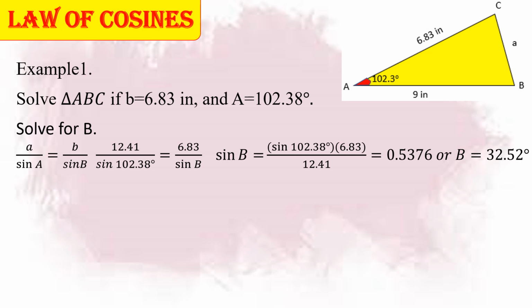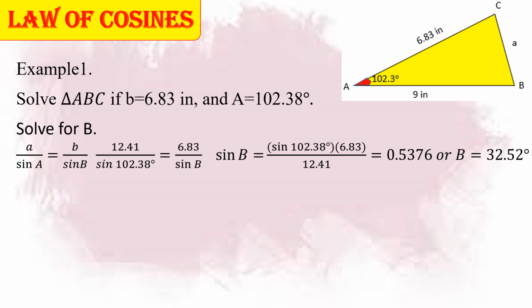So A over sine A, it is okay also if it is the reciprocal. So A over sine A is equal to B over sine B, and then just substitute the given values.